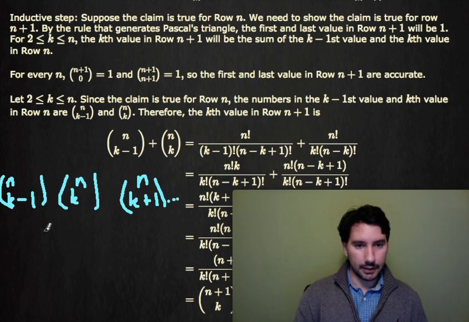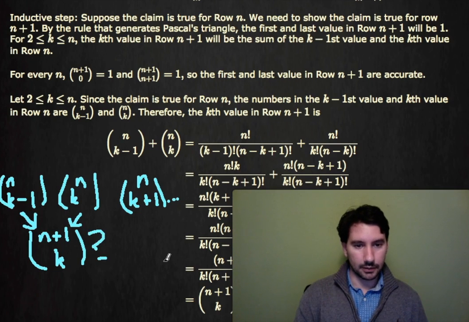And then in the next row, the n plus 1 choose k is going to be the collision between n choose k minus 1 and n choose k. So when these two collide, well, at least the claim is saying that. So, is this actually equal to n plus 1 choose k?